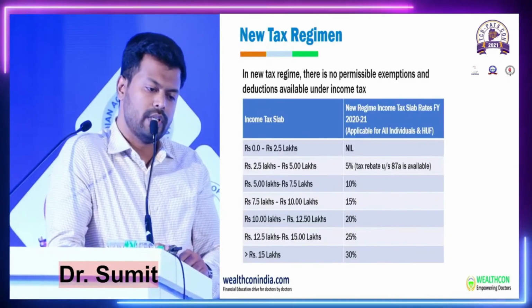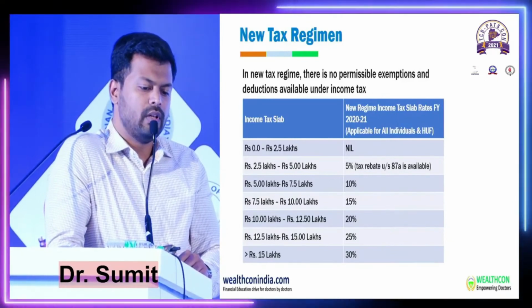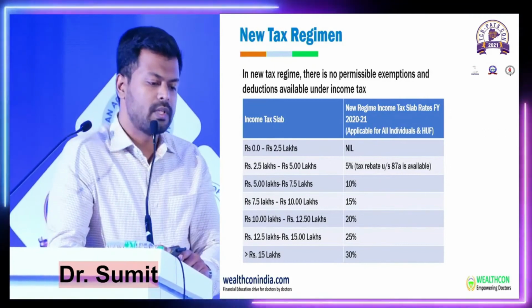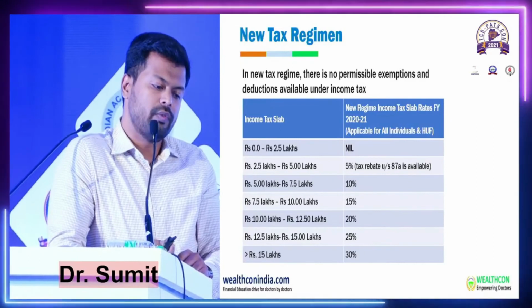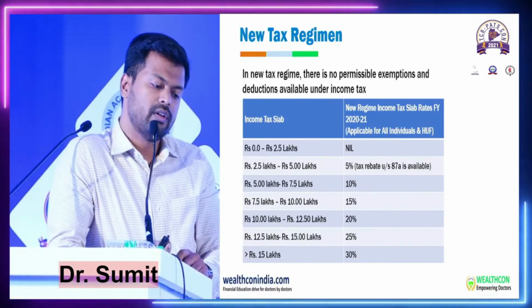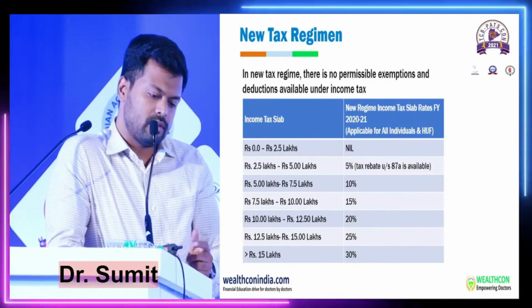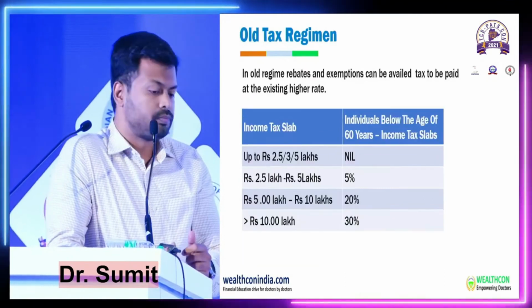There are two regimes. In the new tax regime, there are no permissible exemptions and deductions. The income tax slabs are 0 to 2.5, 2.5 to 5, 5 to 7.5, 7.5 to 10, 10 to 12.5, and accordingly. The tax is deducted as shown in the image.